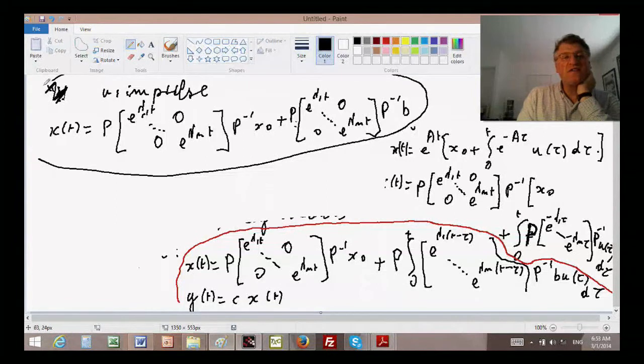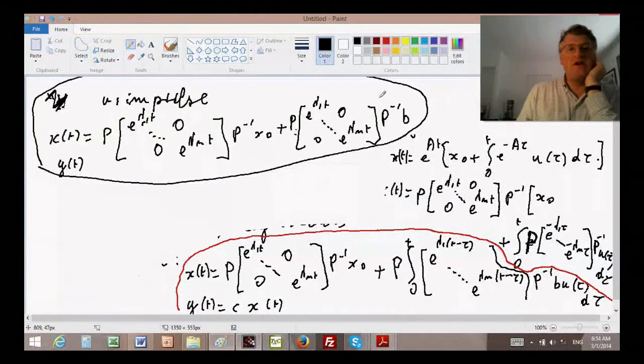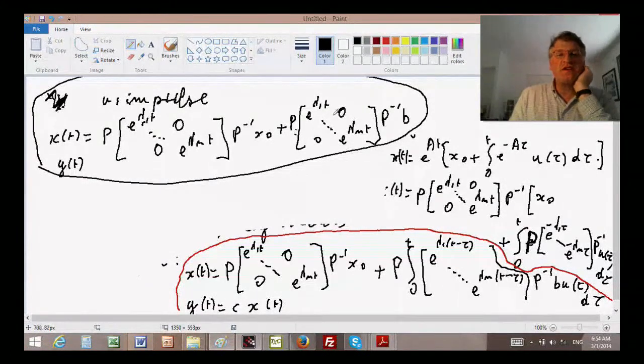So what this does is that it gives you some idea about how complicated x of t, and therefore y of t as well, can be for certain inputs. Okay? And you see that you don't see much worse than exponentials.